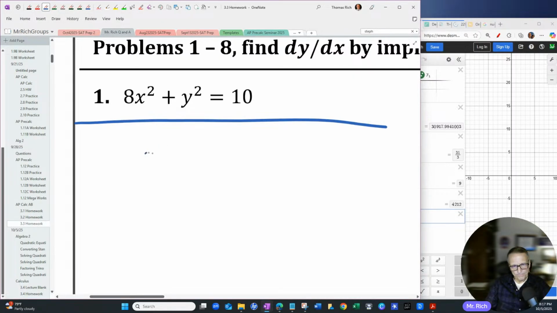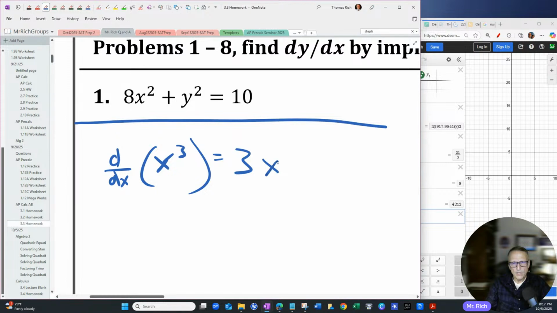So when we take a derivative of x to the third power, we don't use the chain rule, right? Because it's just x to the third. So we just call it 3x squared. Easy enough. But really, I tell my students this all the time, that we're really doing the chain rule all the time.